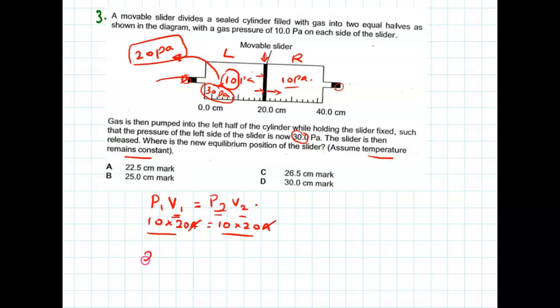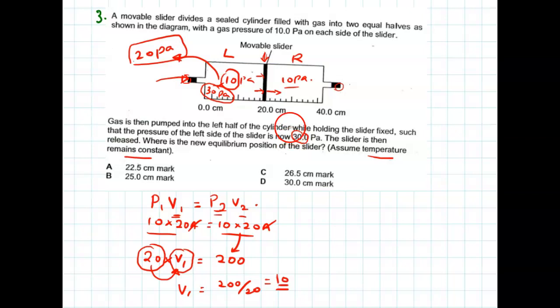Now we can find how much volume it is going to take. This value is 10 times 20, which is 200. Now we have to find, for the excess pressure, how much volume is needed. So we are going to find the volume. You can divide by this 20 on the other side, you will get 10.